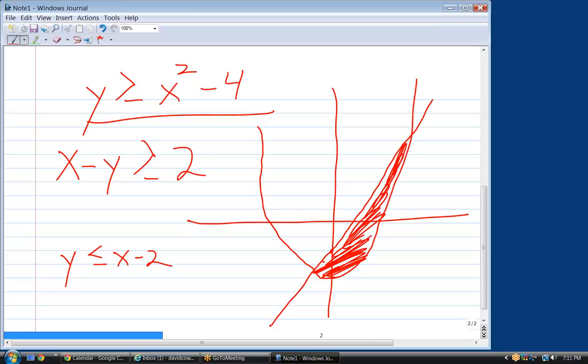Now, how do I know what this point is? If they want an accurate graph, then I need this point and I need this point. If I want to graph this accurately, how do I get those 2 points?